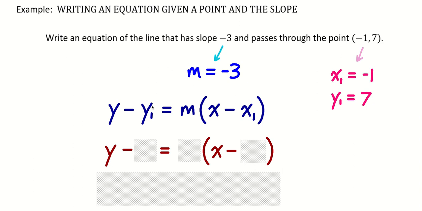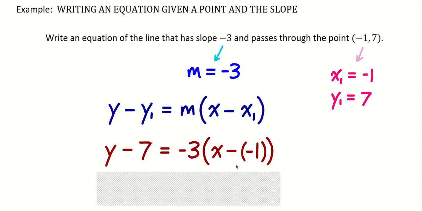Because what are we going to be plugging in for y1? The 7. What are we going to be plugging in for m? Well, that's going to be our slope, which they say is -3. And what's going to be plugged in for x1? Well, -1. And because there's a minus built into the formula, it's minus whatever y1 is, and then it's minus whatever x1 is.